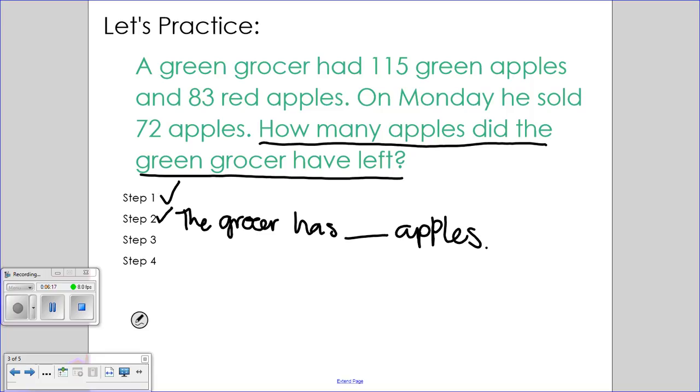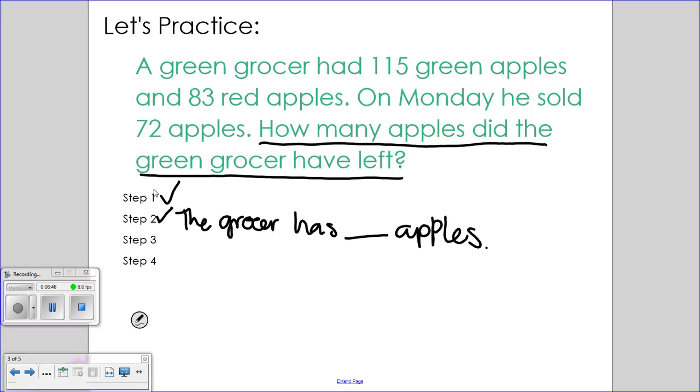Step 3. What is step 3, Kate? Make a plan and solve it. All right, what might be the first thing that we need to figure out? We're trying to figure out how many apples he has left. But what's the first thing that I might do, Matthew? You might have to add both amounts of apples. Yes, because right now I have 115 green apples and 83 red apples.